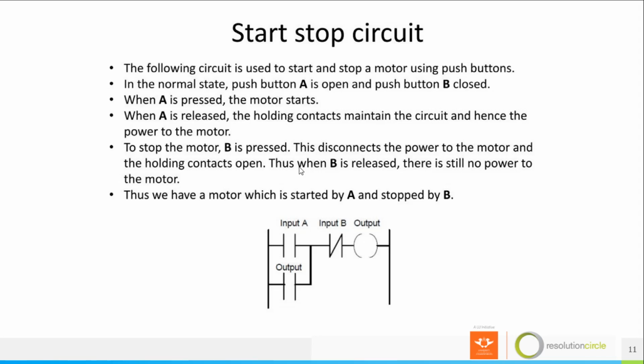So here I have the basic program using ladder. The following circuit is used to start and stop a motor using a push button. In a normal state, push button A is open and push button B is closed.